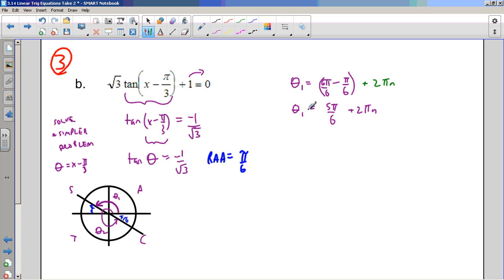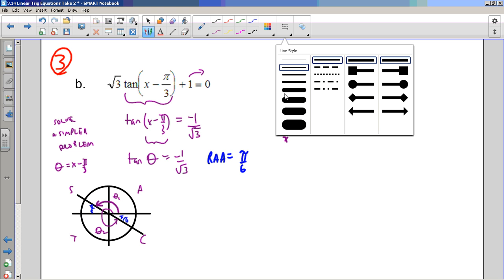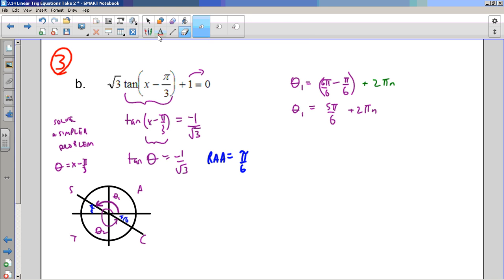But hang on, it wasn't theta that I wanted. It was x. So how do I deal with that? Well, let's get my solutions back in terms of x, and I'm going to call this x1. x1 plus pi over 3 is equal to that angle.